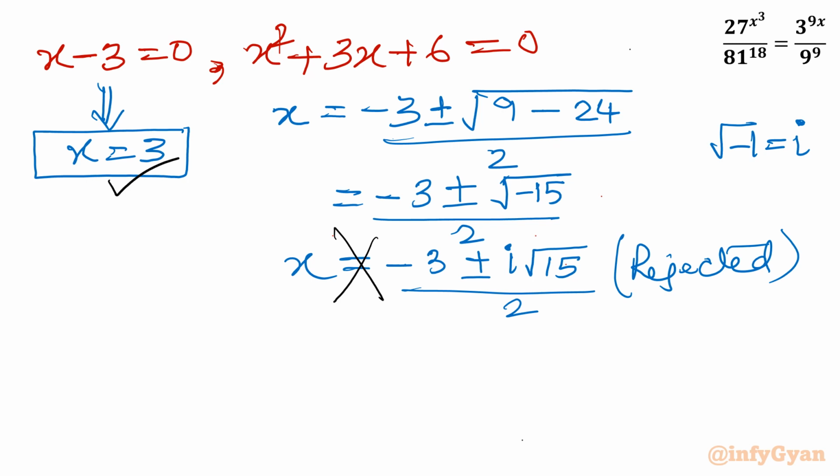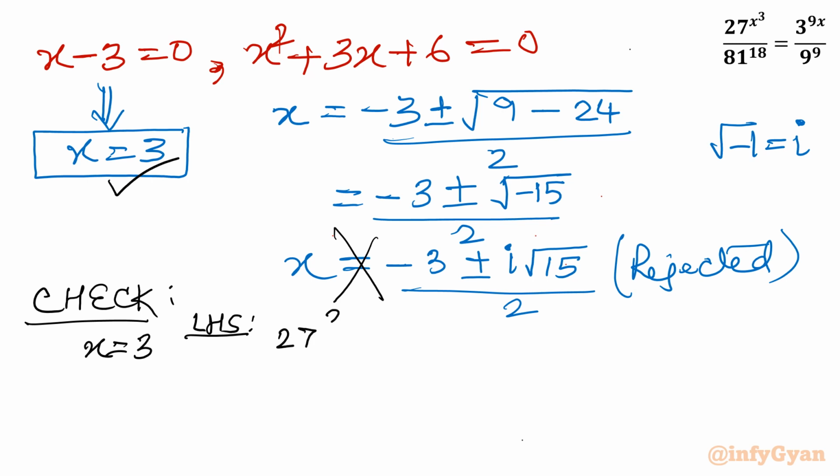So can we check this x is equal to 3? Let's check. X equal to 3. Okay, LHS will be 27 power 3 power 3 divided by 81 power 18. Okay, this value will be 27 power 3 power 3 to the 1. So 27.